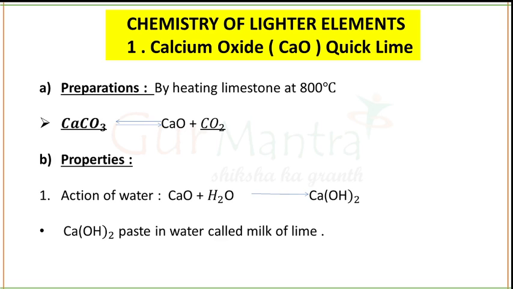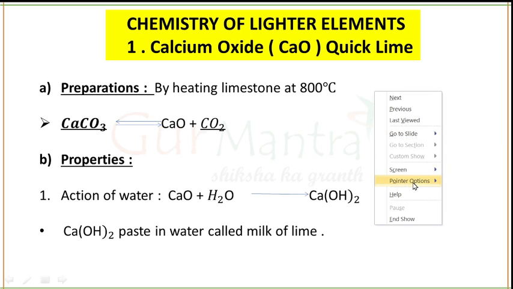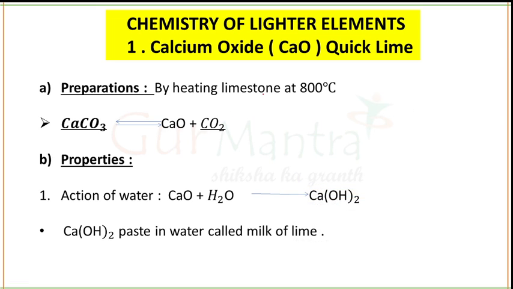Talking about the preparation method of calcium oxide, CaO or quicklime, you can get calcium oxide by heating limestone at 800 degrees Celsius. It is very important to note down that if you want to prepare calcium oxide, you have to heat the limestone at 800 degrees Celsius. You have to learn the temperature.